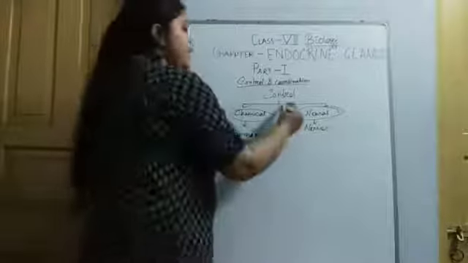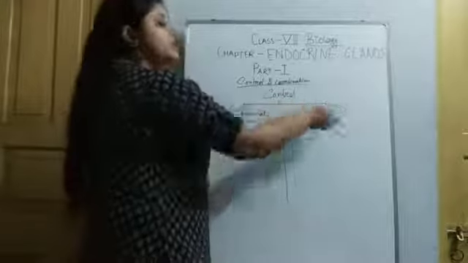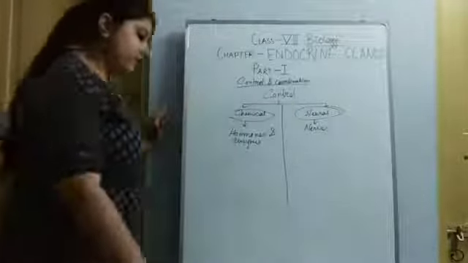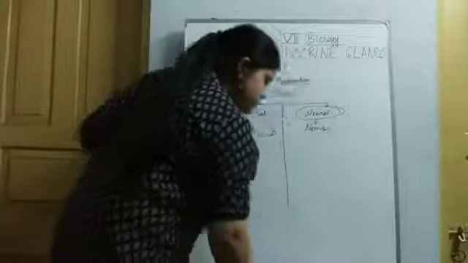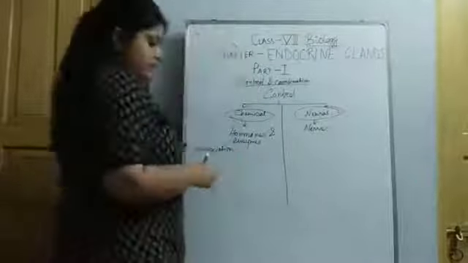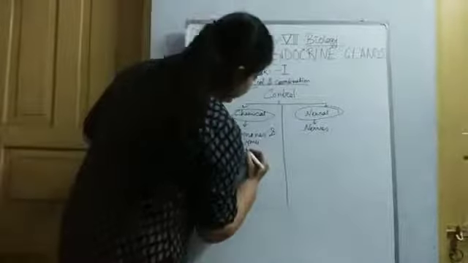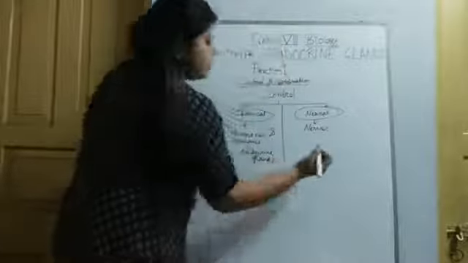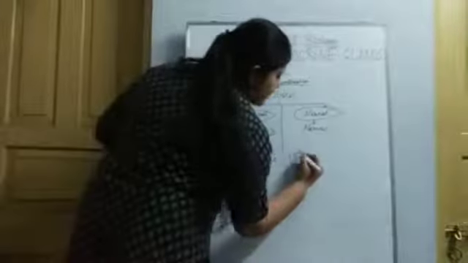So what are the main differences between the chemical control and the neural control? As the first difference, we can say that according to the association, the chemical control is controlled by these endocrine glands, and the neural control is controlled by the nervous system.